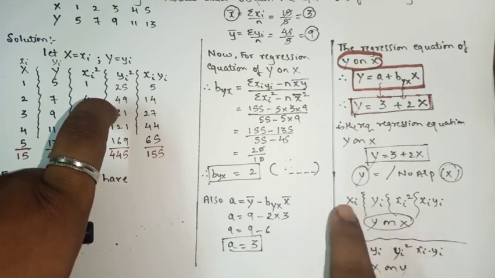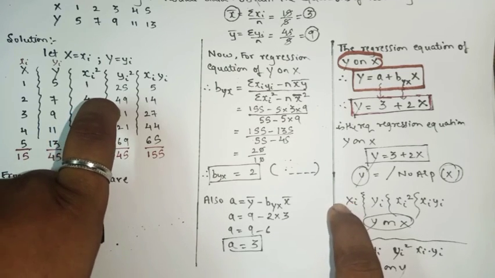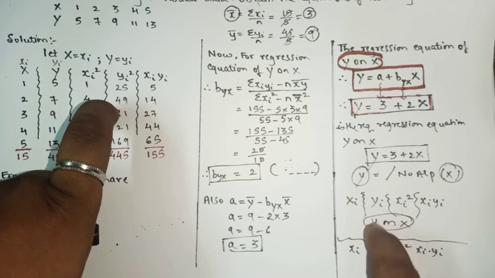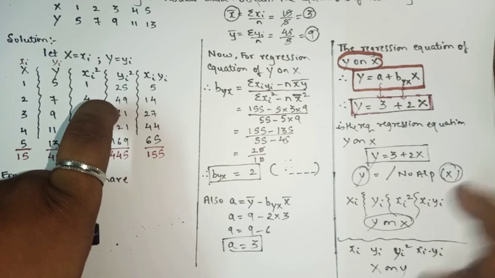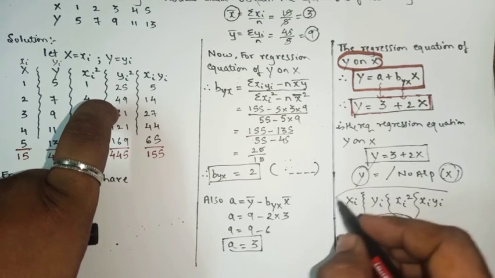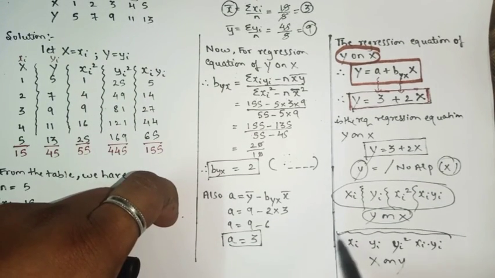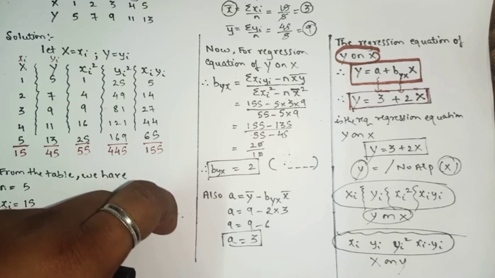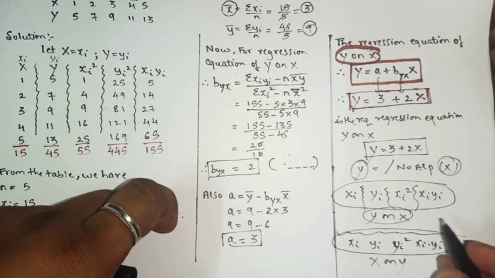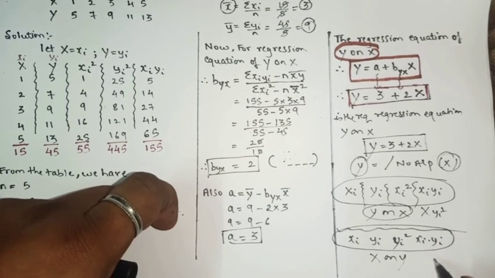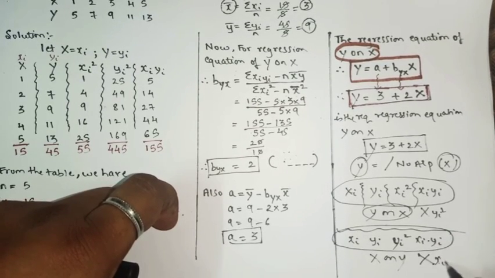For y on x, simply you will find the values for xi, yi, xi square and xi yi. So this will be the construction part for y on x, and for x on y no need of finding yi square, and for y on x no need of finding xi square.